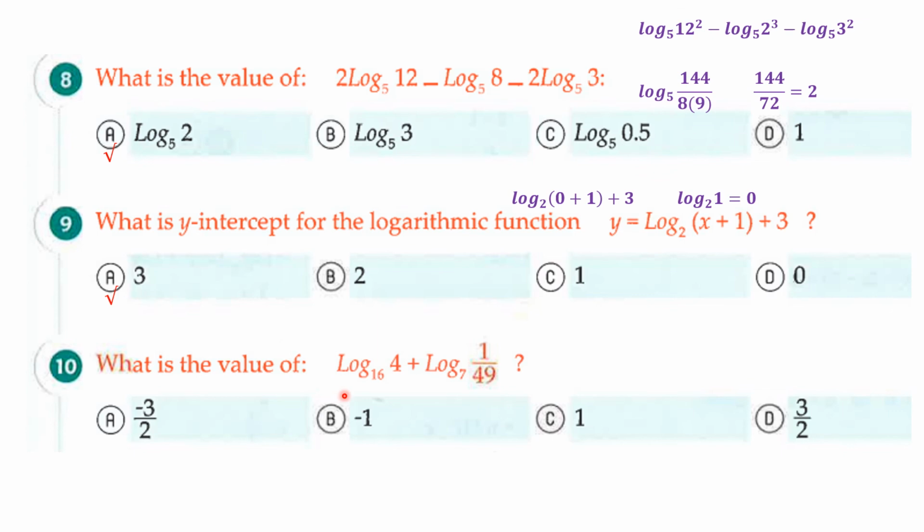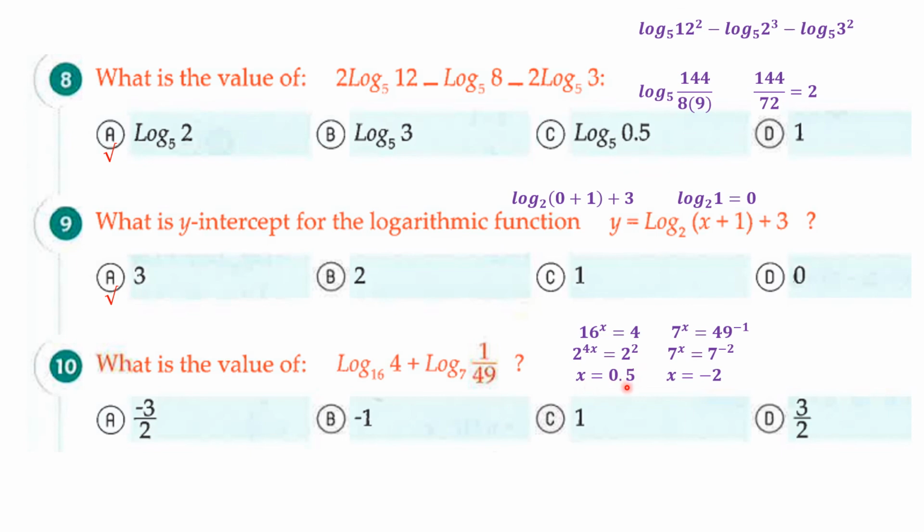What is the value of log base 16 of 4 plus log base 7 of 1 over 49? Take care, this is 16 and this is 7. Deal with each one alone and see. For the first one, 16 to the power of x equals 4. I can go on with 2 to the power of 4x equals 2 to the power of 2 to make the bases equal.